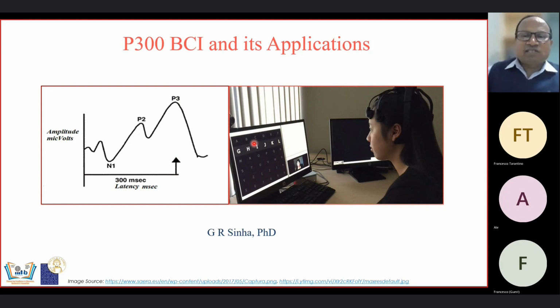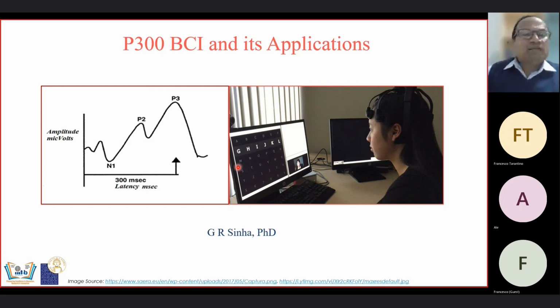There is another picture which is given here. We will discuss in detail all these applications. There are different mechanisms by which a person watches a certain letter, observes a certain picture, or hears a certain sound, and then the person's reaction will generate the signal. Because you watch a picture, or hear a sound surprisingly, or you see something very suddenly, then definitely you will be reacting to that sound, that picture, or that letter.